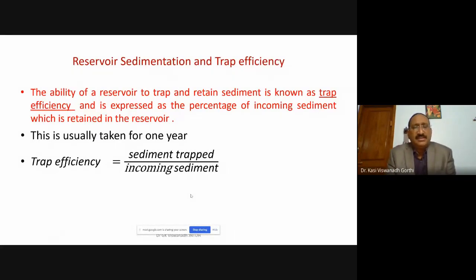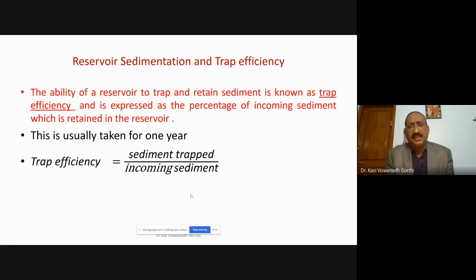Trap efficiency: how much of the sediment coming into the reservoir is getting trapped in it. All the incoming sediment may not get trapped in the reservoir because some amount moves out through the outflow, and hence the trap efficiency is the ability of a reservoir to trap and retain the sediment.